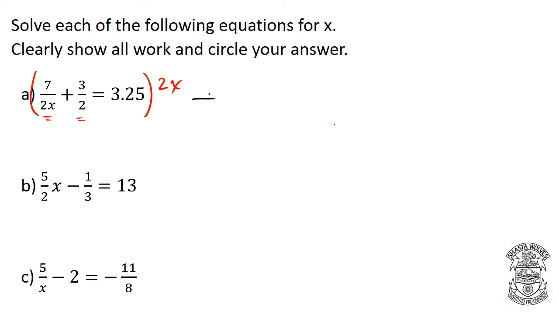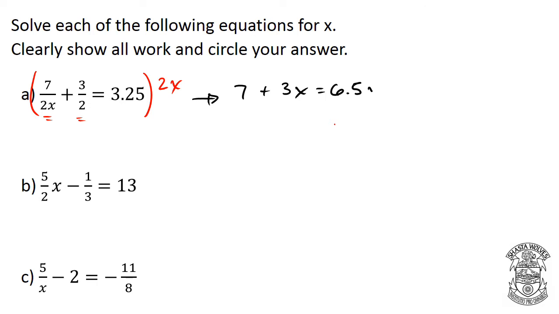So real carefully, when I multiply the first term on my left-hand side by 2x, I get simply a 7. And then when I multiply 3/2 times 2x, I get plus 3x. And then finally on the other side, when I multiply 3.25 times 2x, I'm going to get 6.5x.